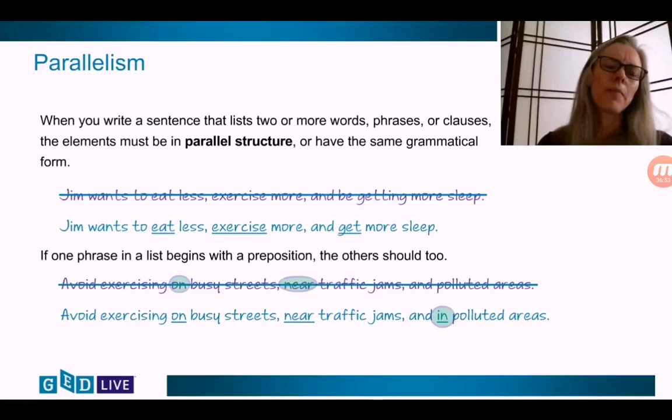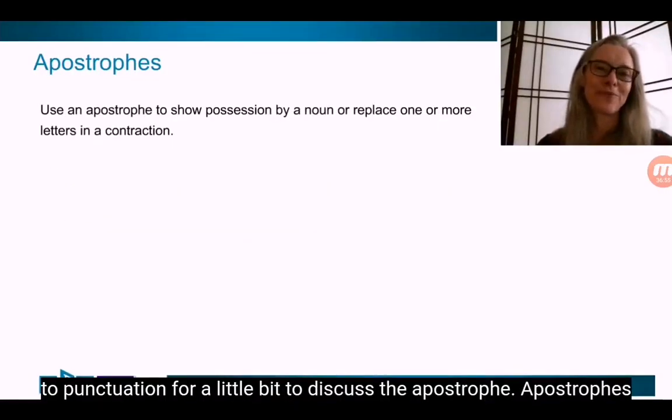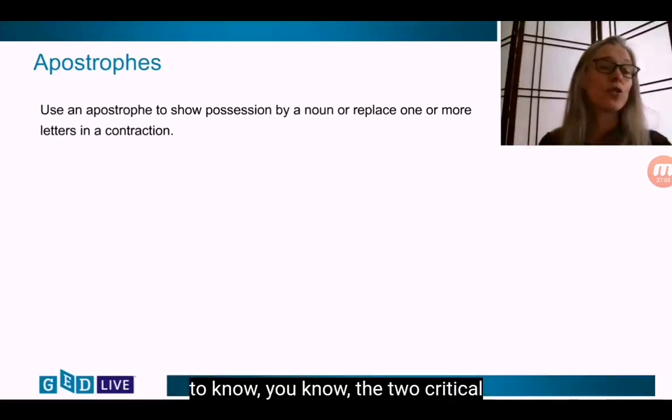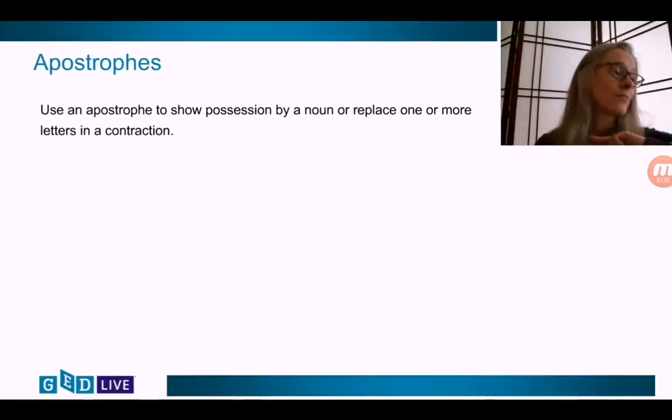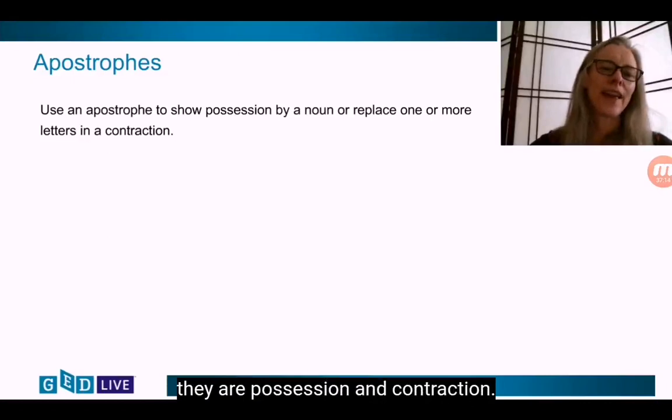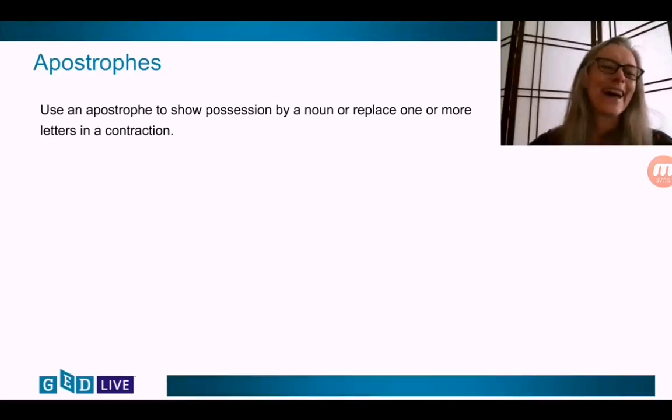Now let's go back to punctuation a little bit to discuss the apostrophe. Apostrophes can tend to be a little bit troublesome, so it's important to know the 2 critical uses of apostrophes first of all. Right? So they are possession and contraction.